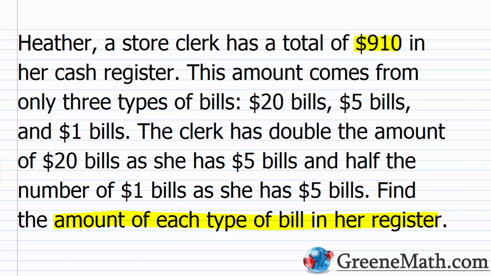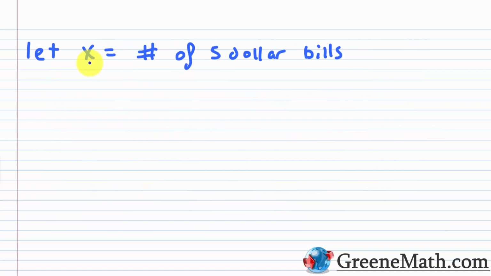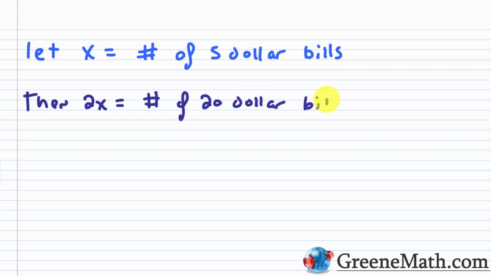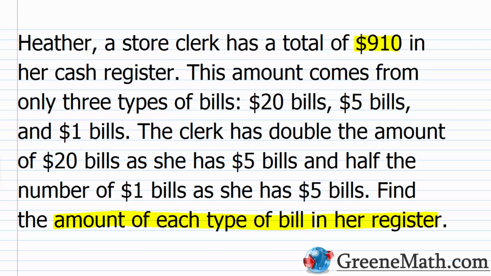So if I take the number of $5 bills, which we modeled as x, and I double that, or multiply it by 2, that would give me 2x, and that would be the number of $20 bills. So 2x is equal to the number of $20 bills.